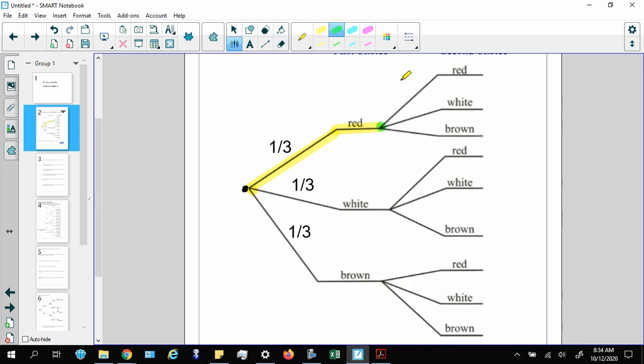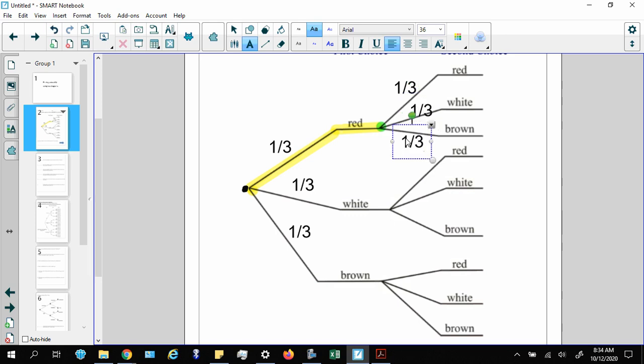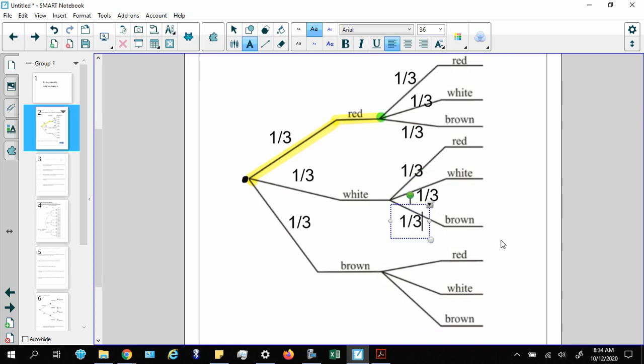If you choose red again, that would be 1 out of 3. And then white would be 1 out of 3. And then lastly, brown would be 1 out of 3. Now, this is repeated throughout the rest of the tree diagram, where the second decision would be a 1 out of 3 depending on what you're choosing here.